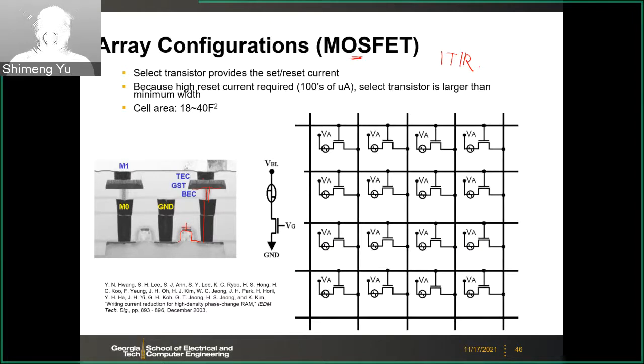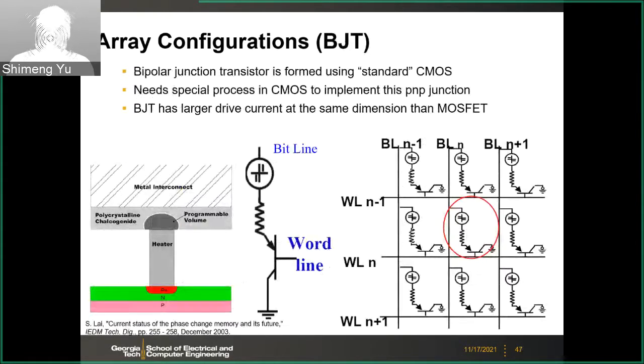But if you recall in the older technology nodes, the transistor could also be BJT, bipolar junction transistor. And similarly it is 1T1R, but the only difference is this T is BJT. You may not have seen that in today's more advanced technology nodes.